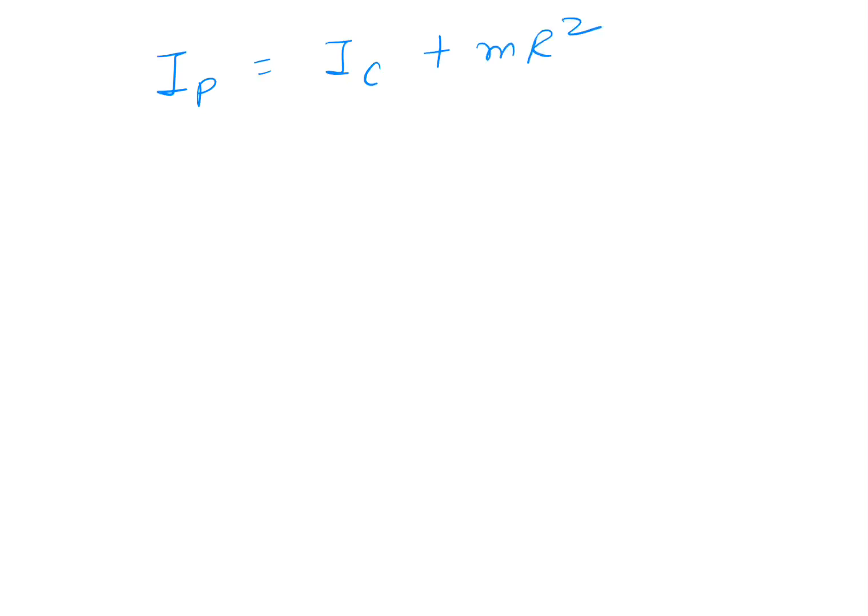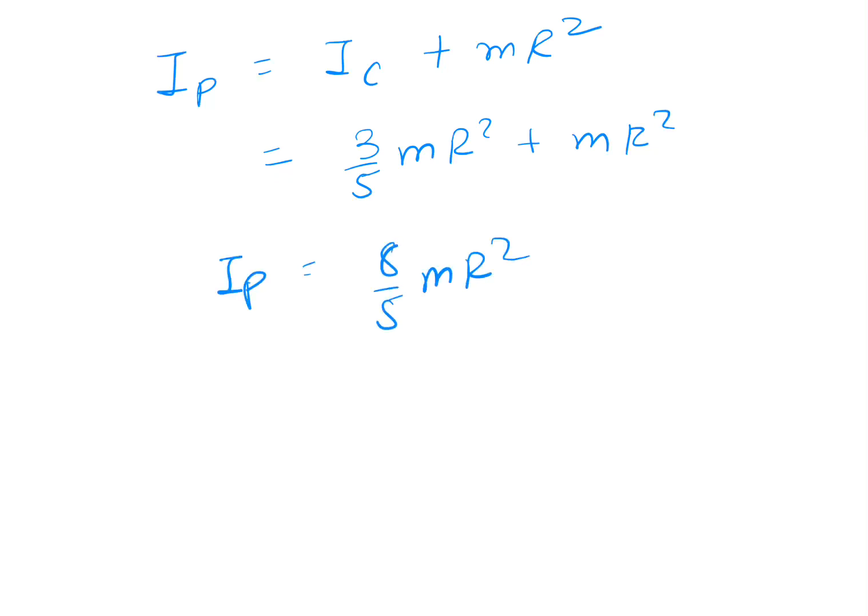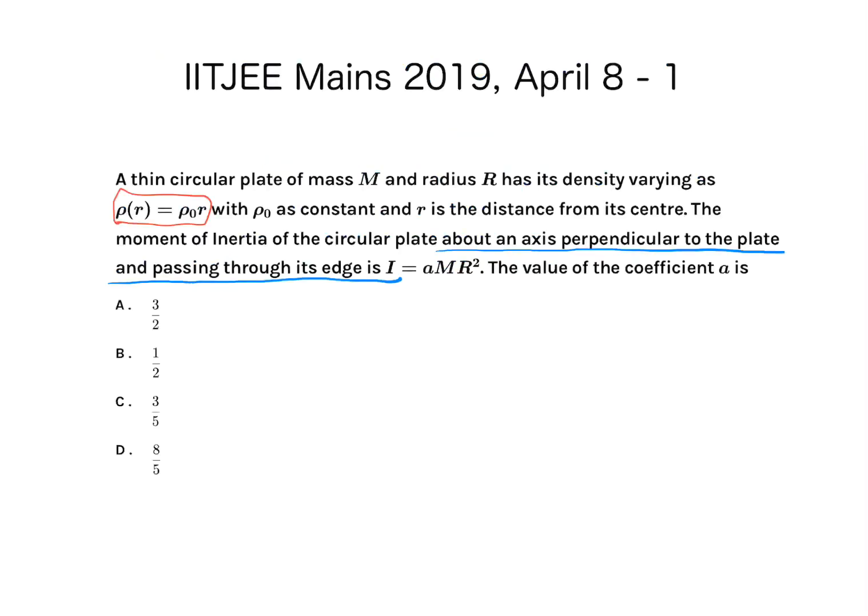This is the parallel axis theorem. IC is 3 by 5 mr square, so 3 by 5 mr square plus mr square gives you 8 by 5 mr square. This is your moment of inertia about the axis passing through P. So the correct option here will be option D, 8 by 5.